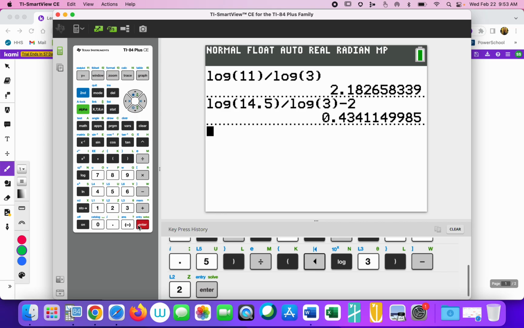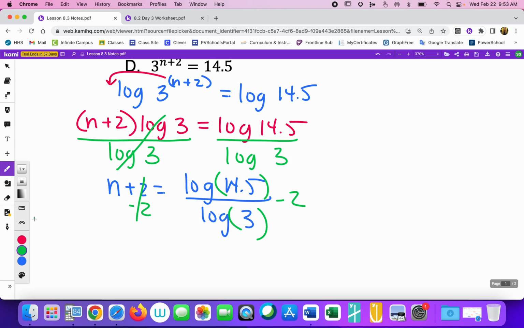Did you close off your parentheses appropriately? Yours should look exactly like mine. That would throw it off, yes. Okay. So those calculators are smart, but you got to tell it exactly what you want it to do. So this would be 0.4341. So if the book does not specify, it should, but 4 decimal places. Okay.